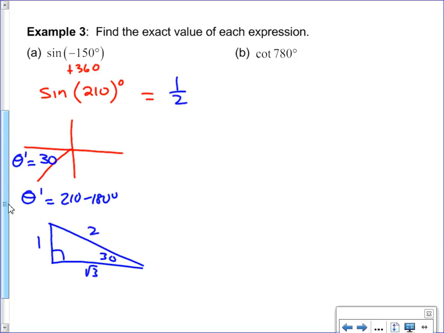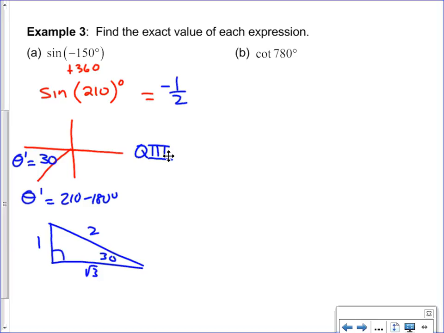But what is the sign at 210? Is it positive or negative in the third quadrant? It is negative. So the answer is negative 1/2 for that, because you're in quadrant 3. Sine is negative in quadrant 3. There you go. Is that hard?